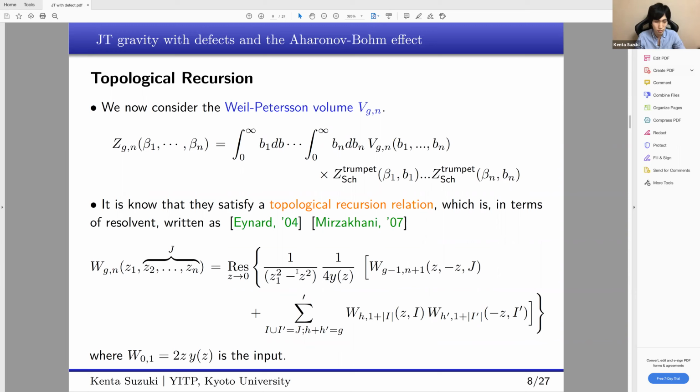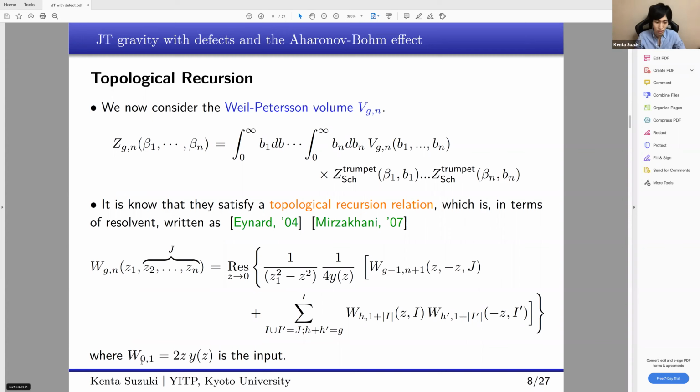The topological recursion relation is written explicitly in terms of the resolvent W. So W is a Laplace transform of this V, for each boundary B transformed to this Z. So in terms of this resolvent W, the recursion relation is given by these expressions.